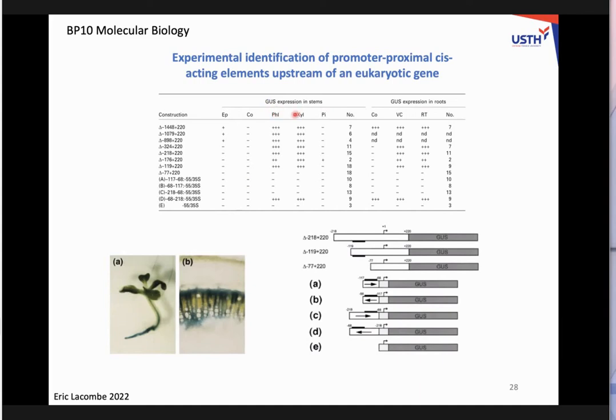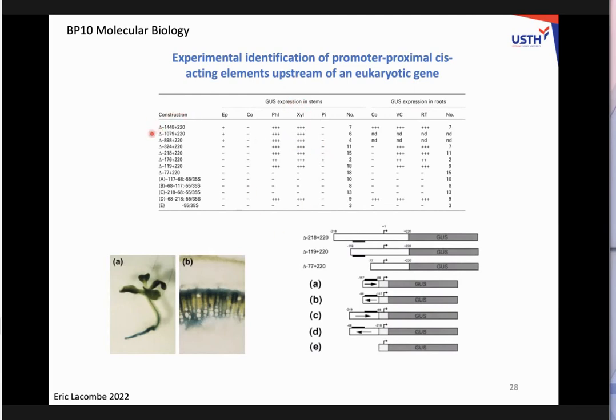PHL and XYL stand for phloem and xylem. Phloem and xylem are the two cell types that are present in the vascular tissue. PI means pith, and it's the inside of the stem here. For the root, it's exactly the same, but we are not going to analyze the root because it's sufficient to analyze what's happening in the stem.